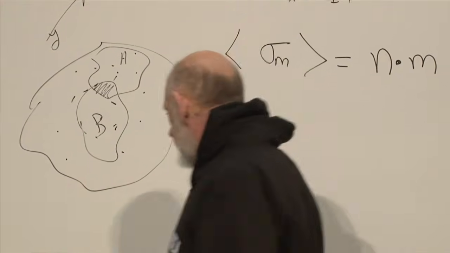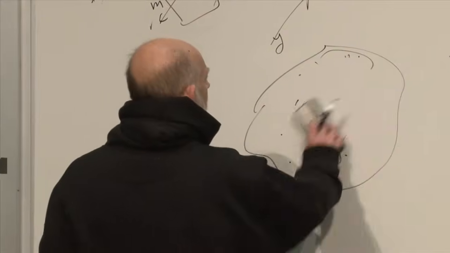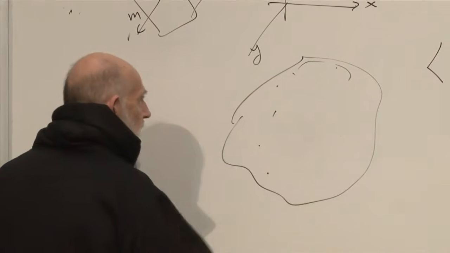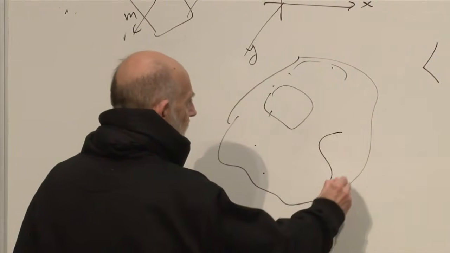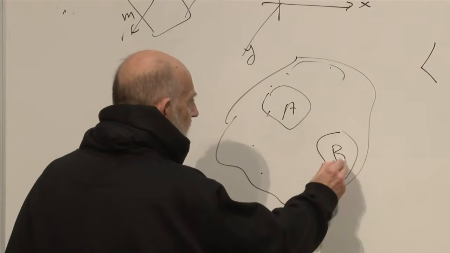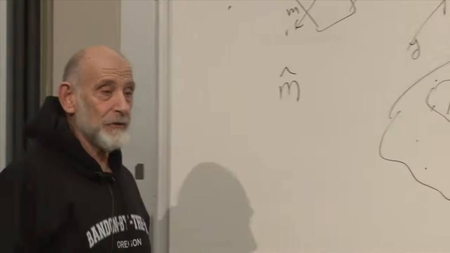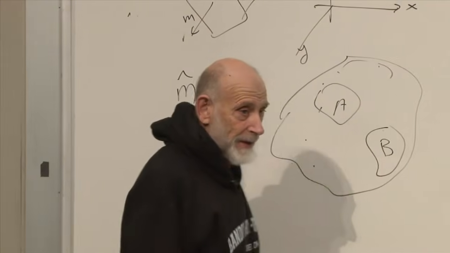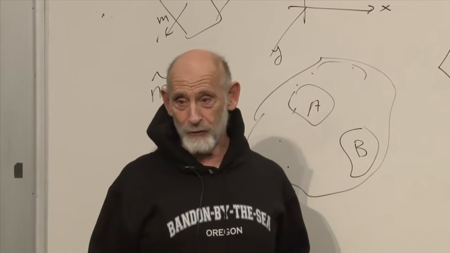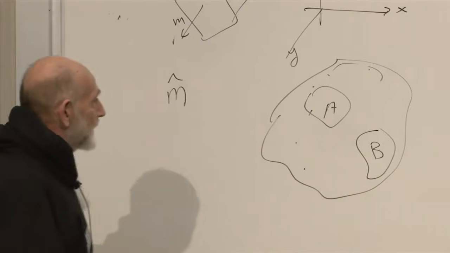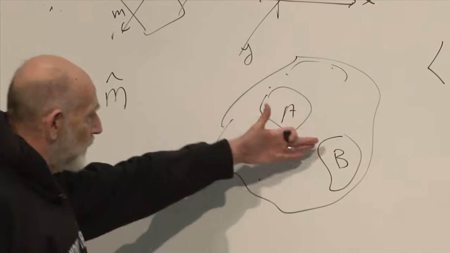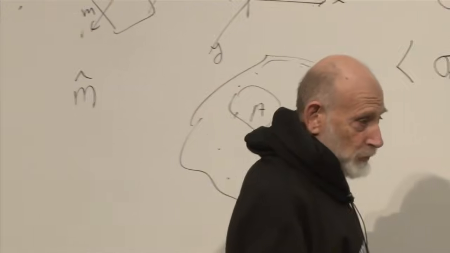Okay? What about these two subsets, A and B? A and B is still a proposition, but it's always false. There is no state for which A and B is true.